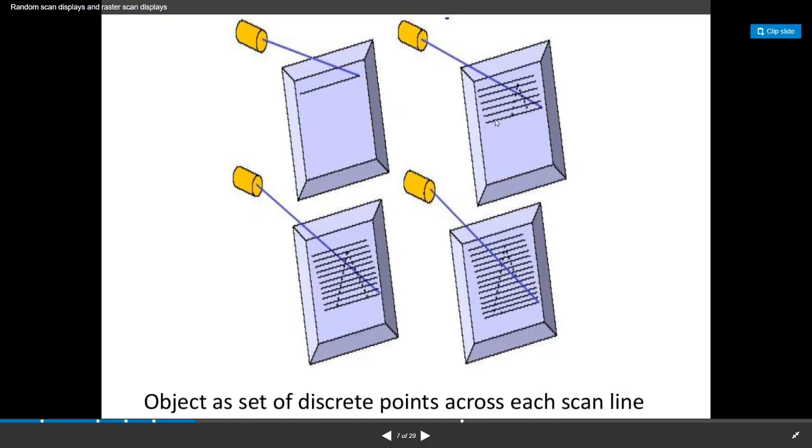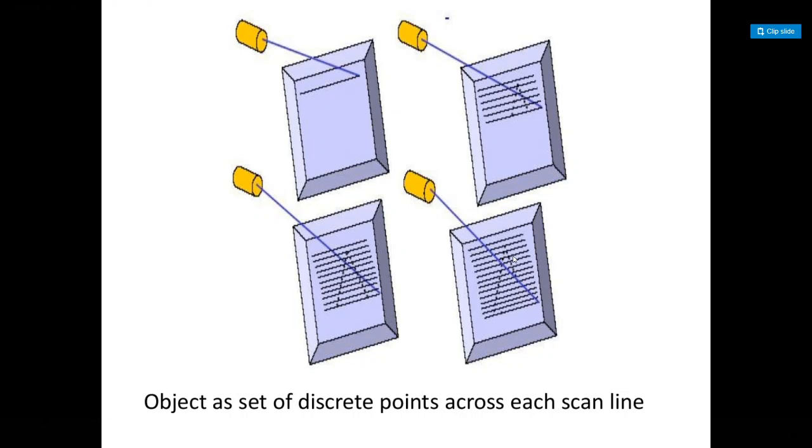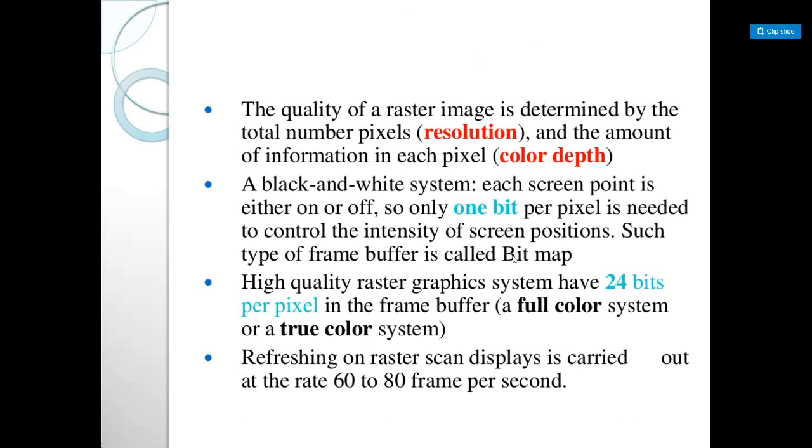When this whole thing happens, at the end, you will have an image where the illuminated areas have been marked like this, and you get this as a triangle. So this is how the display actually happens in a raster scan.